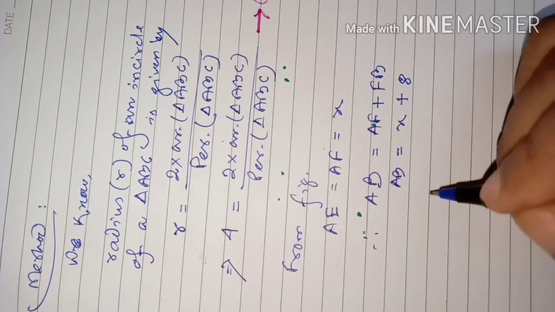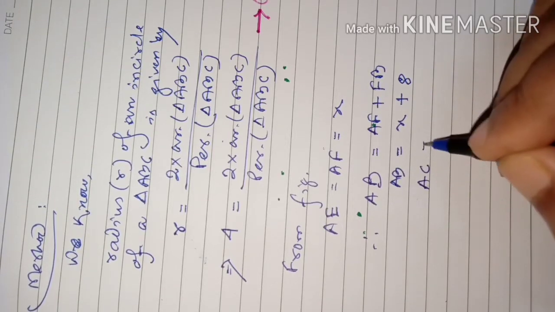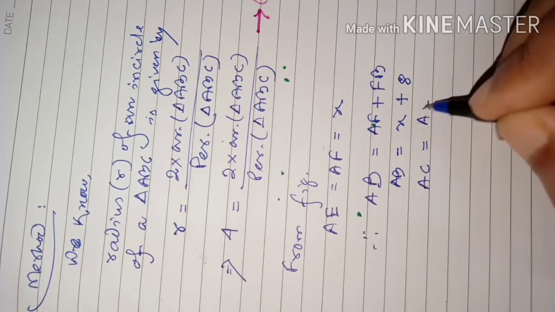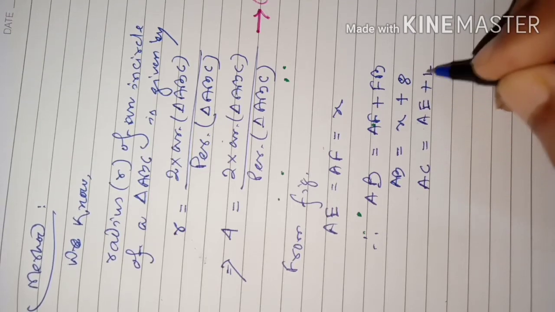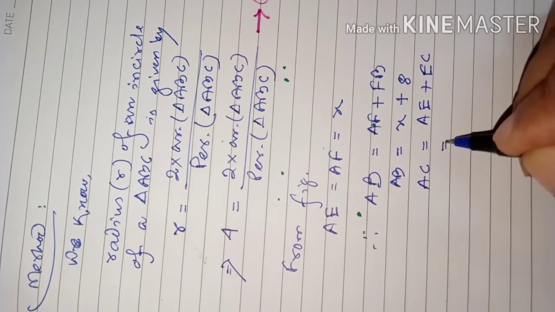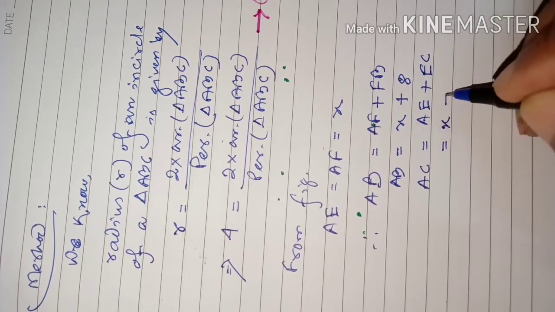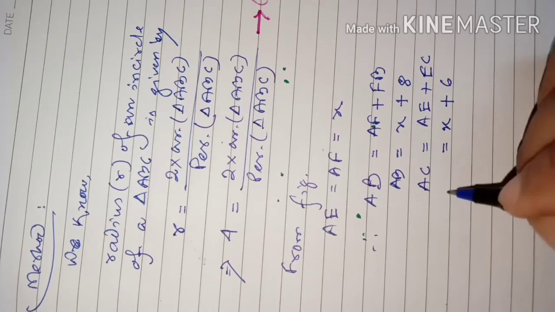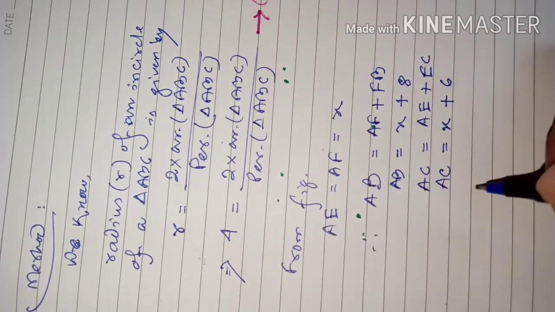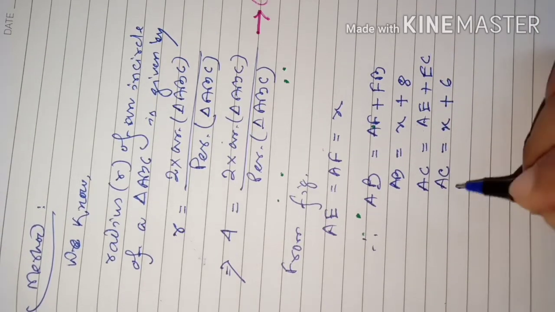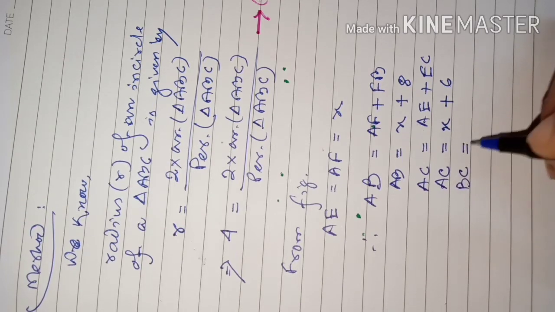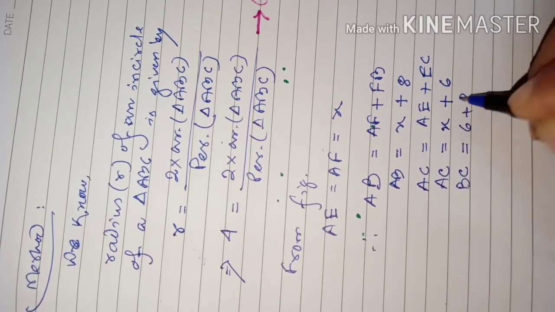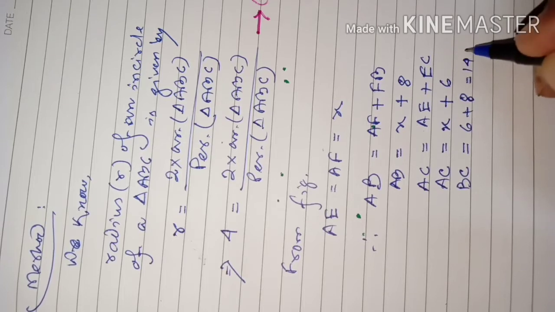Next AC equal to AE plus EC, that is equal to x plus 6. So this is AC. And BC equal to 6 plus 8, that is equal to 14 centimeter.